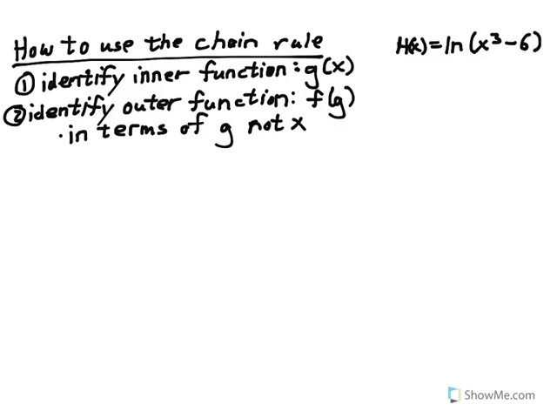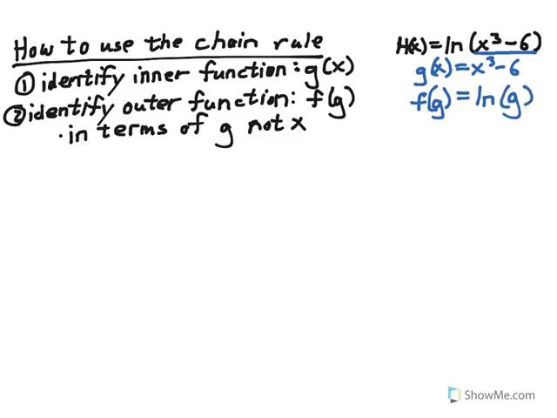Okay, identify the inner function. So in this case our g of x is going to be x cubed minus 6. It's the stuff inside the parentheses. And our outer function is going to be f of g, and that's going to be the natural log of g.